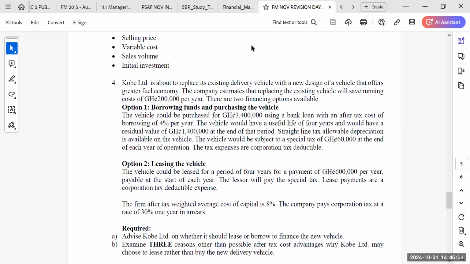You can also ignore it because there will not be any change in the cost savings between the two options. Whether you are replacing or not, you will still be saving 200,000. So we are going to be excluding the cost savings because it's going to have the same impact. Or we can include it again; any of them that you want, we are good to go.